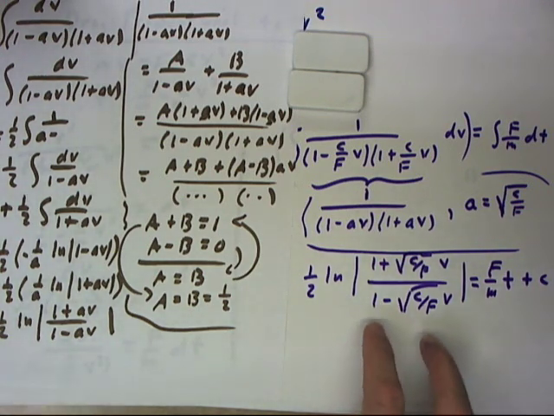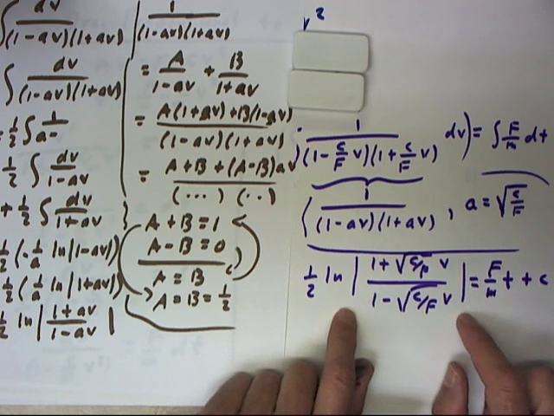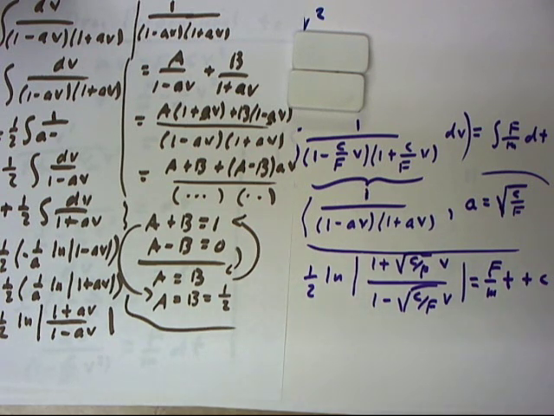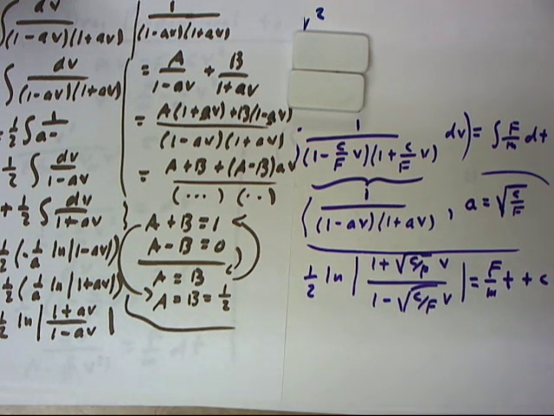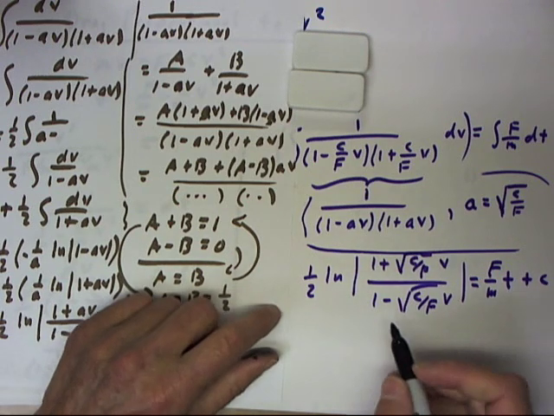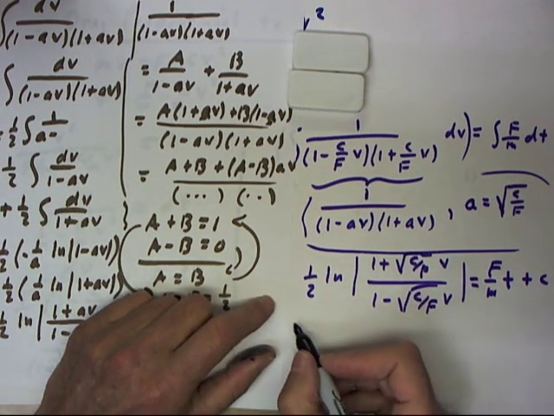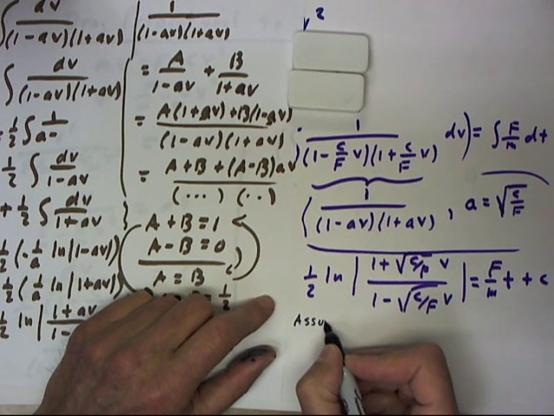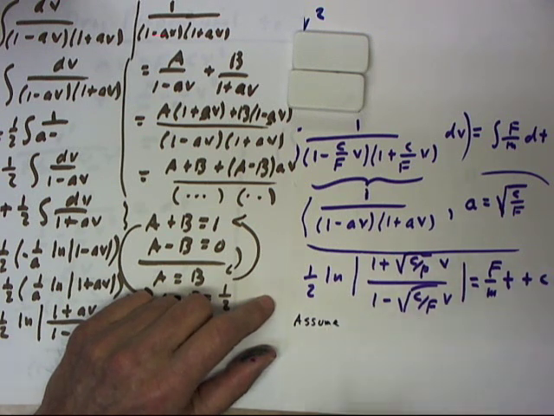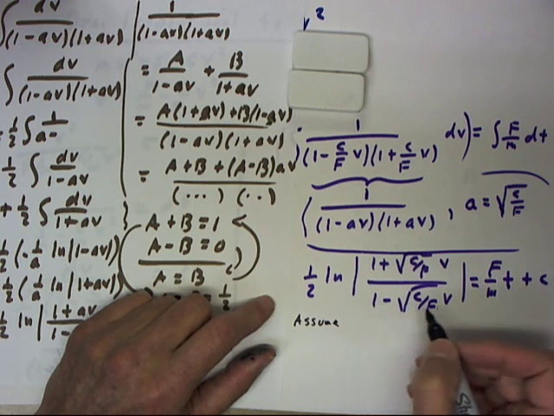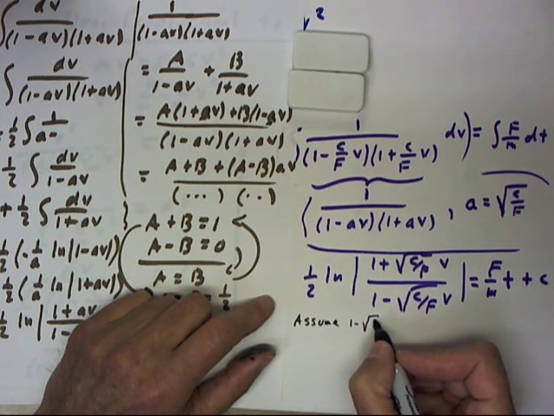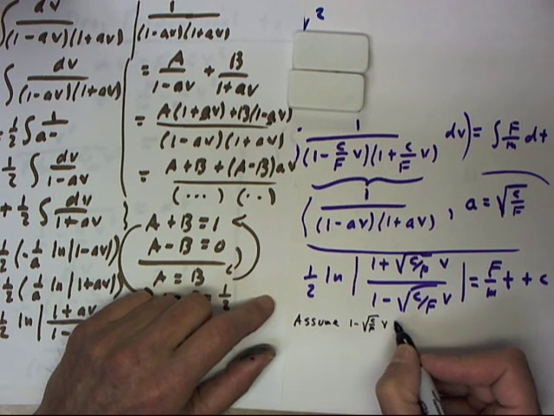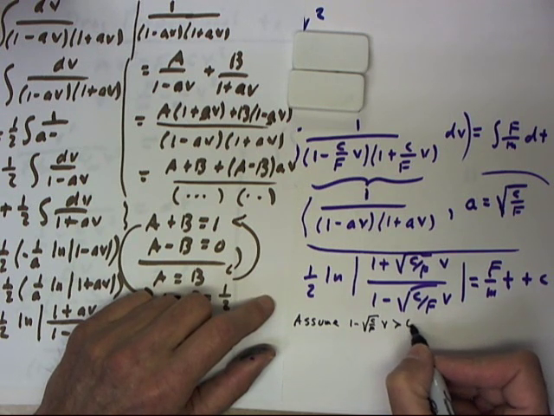Now, again, we have an absolute value, which is not unusual when we do integration by parts. If we assume that square root of C over F V is less than 1, let's write that pretty small so we can write the expression down here and then continue it. Assume that 1 minus the square root of C over F V is greater than 0.